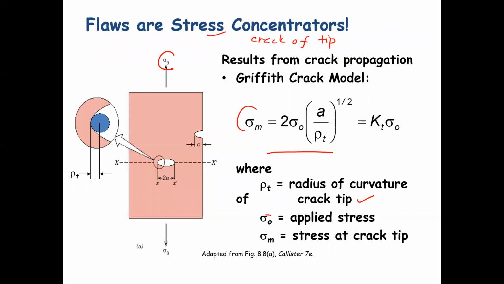Sigma sub naught is the applied stress here, and sigma sub m is the stress at the crack tip. This is what we call the Griffith crack model.